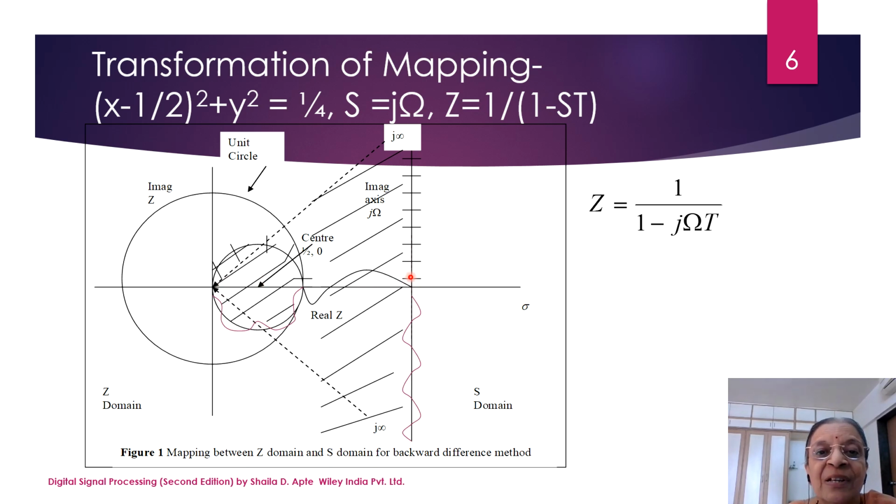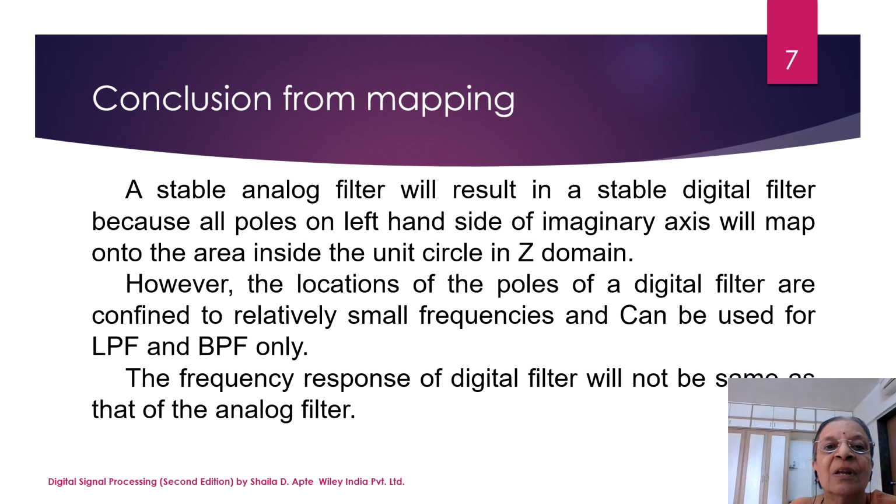But the drawback is that the corresponding frequency response is not the same as the frequency response in the Z domain, because this entire j omega axis maps onto this small circle. It is not mapping onto the entire unit circle in the Z domain. It is mapping onto this small circle. And what happens is that the corresponding filter response will change even though the filter remains a stable filter.